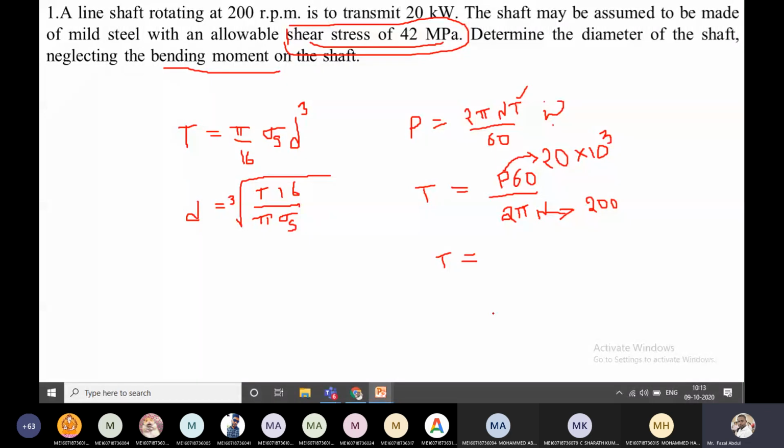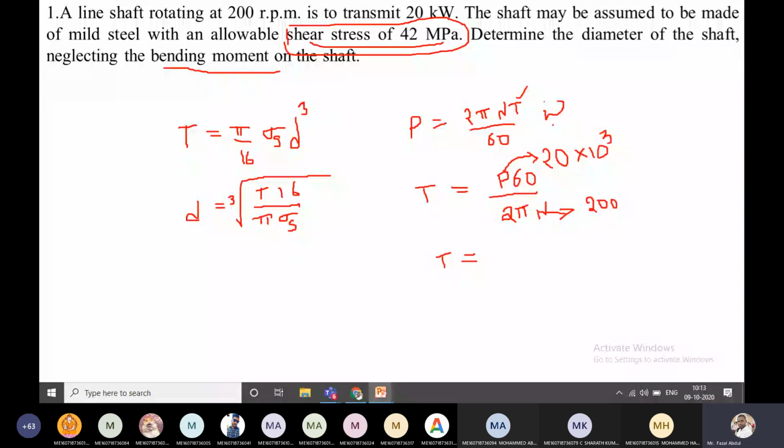Tell me the T value. T value is 954. Very good. Okay, what are the units? Units are very important. Newton meter. Very good.